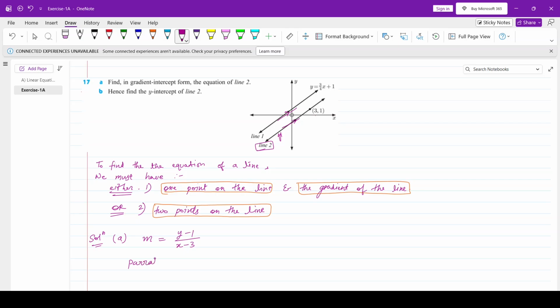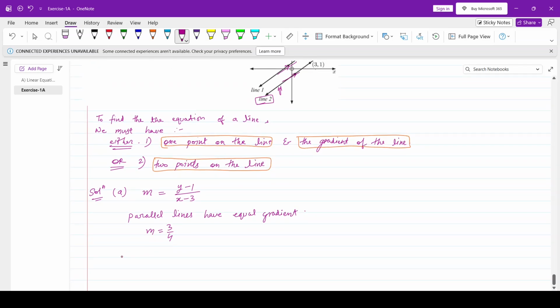Parallel lines have equal gradient. So now we know the gradient for this line. The gradient for this line is 3 by 4. Can we say this m is equal to 3 by 4 as well?